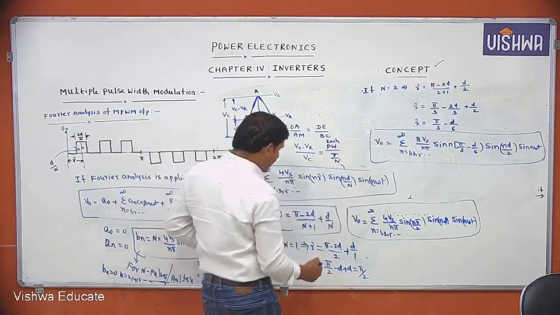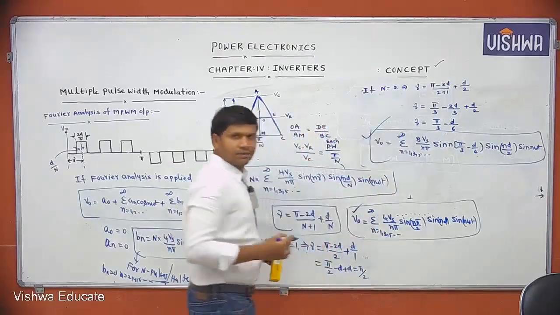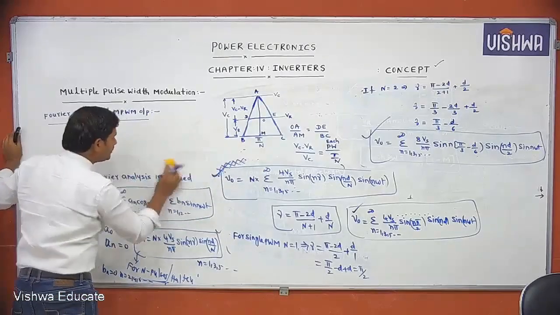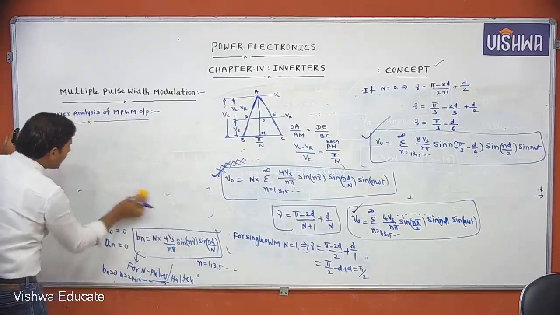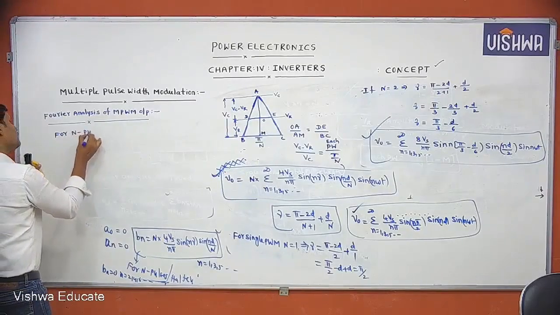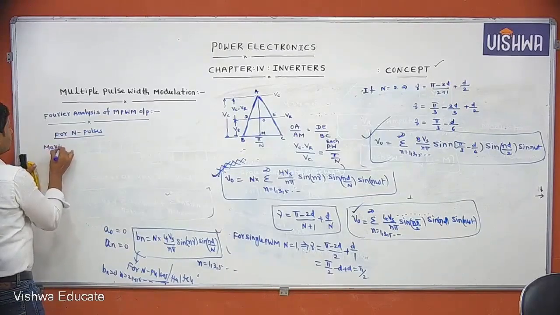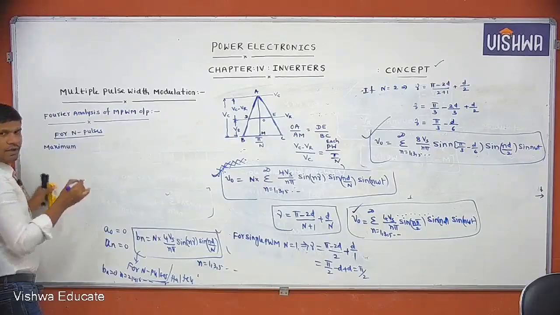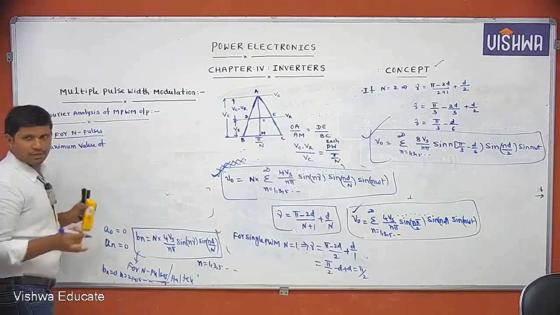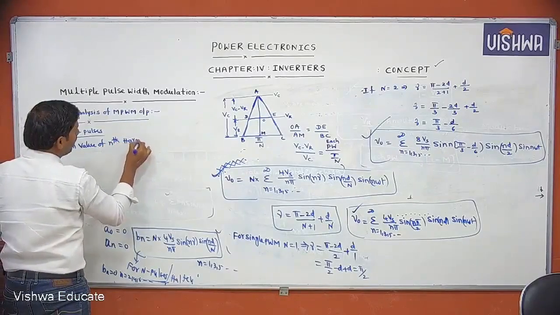Here I gave this formula for n equal to 1, this is for single pulse width, and then for 2 pulse width. Then in general, what is the maximum value of the nth harmonic output for N pulses? How to write it?